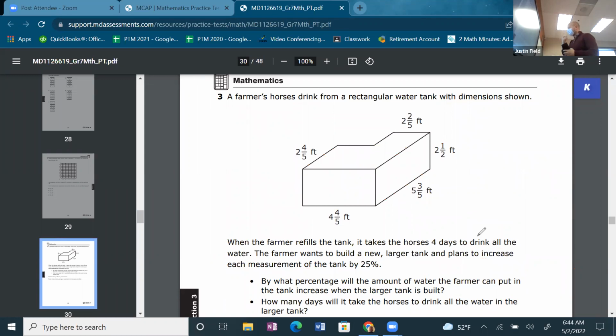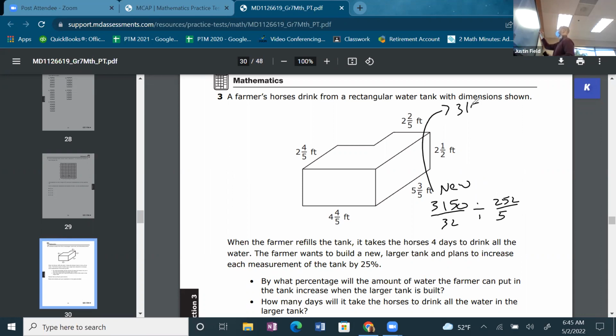So now, by what percentage will it increase? Well, what we need to do is take the new volume and divide it by the old volume. And how do you divide fractions? You flip and multiply. I probably should have written this up there.